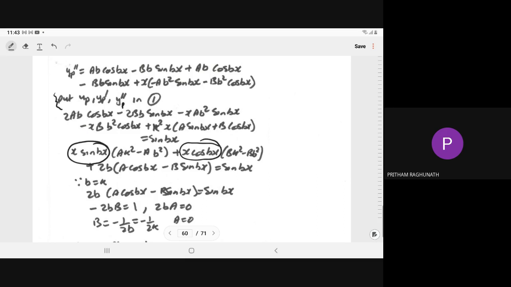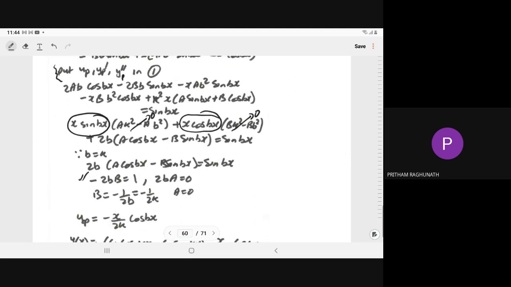Since k is equal to b, k square minus b square gives you 0. So here you have 2b a cos bx minus b sin bx is equal to sin bx. Now compare the coefficients of sin bx on both sides and cos bx on both sides. So you will get minus 2b capital B is equal to 1 and 2b a is equal to 0.